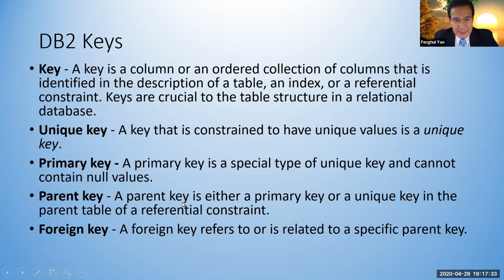A parent key is either a primary key or a unique key in the parent table of referential constraints. Next, what is a foreign key? A foreign key refers to or it is related to a specific parent key. Those are DB2 keys.